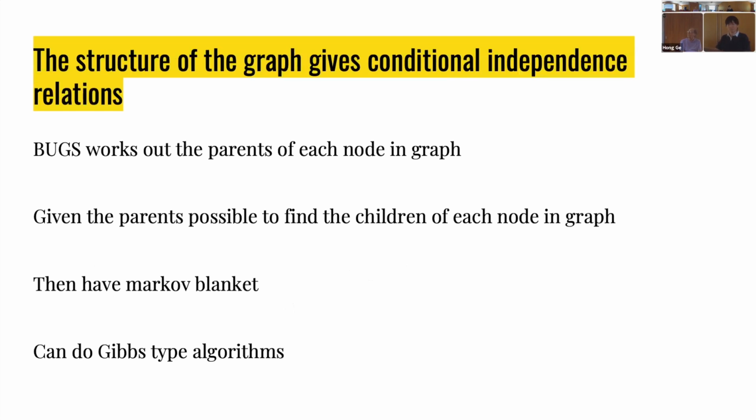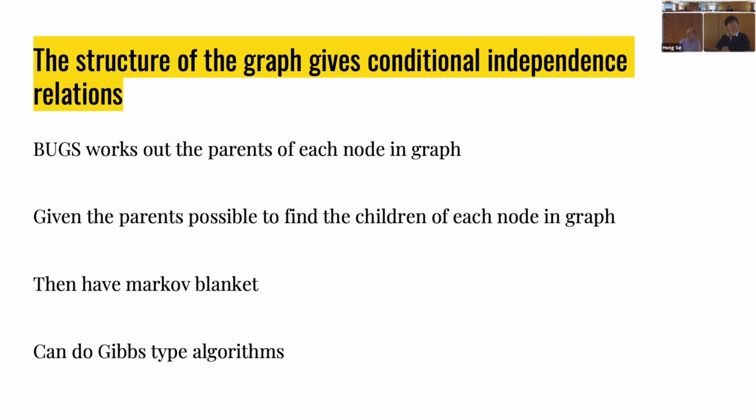So in the BUGS software, each node in the graphical model is aware of what its parents are. So once you know the parent structure, you can find the children. That's a non-local computation.